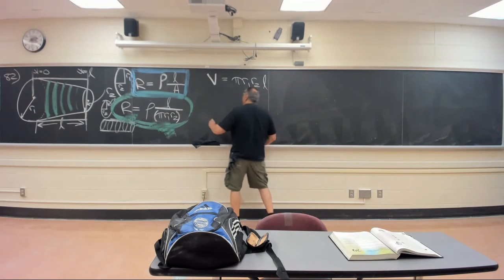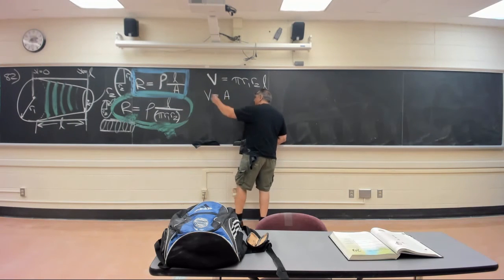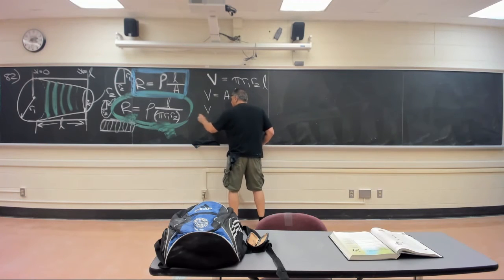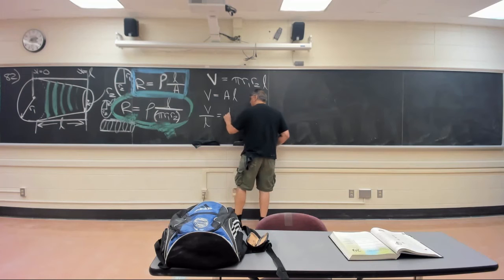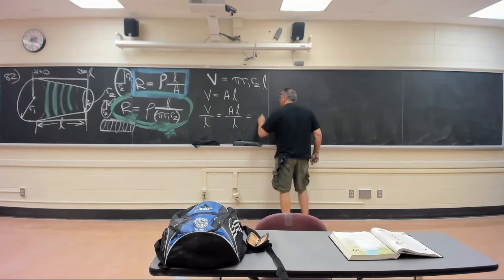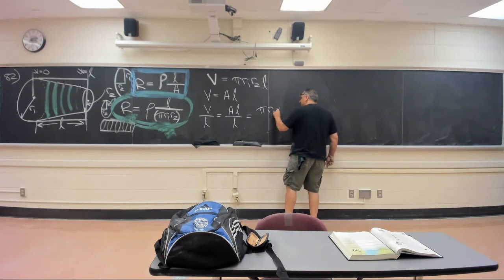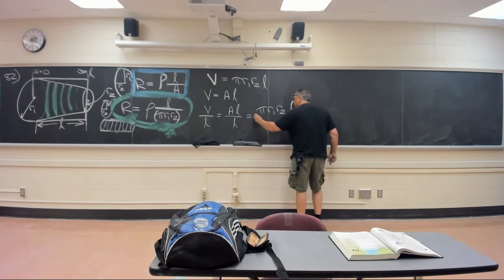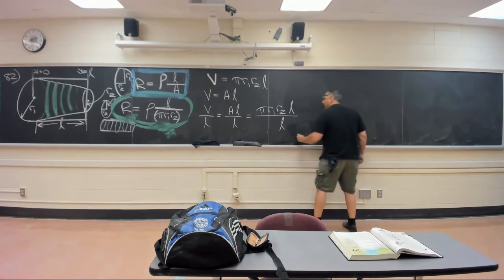So what are you trying to say here? Well, isn't V equals some average area times L? Okay. Then V over L is going to be equal to this over L is going to be equal to, well, I'm not saying anything too profound here, guys. These cancel.